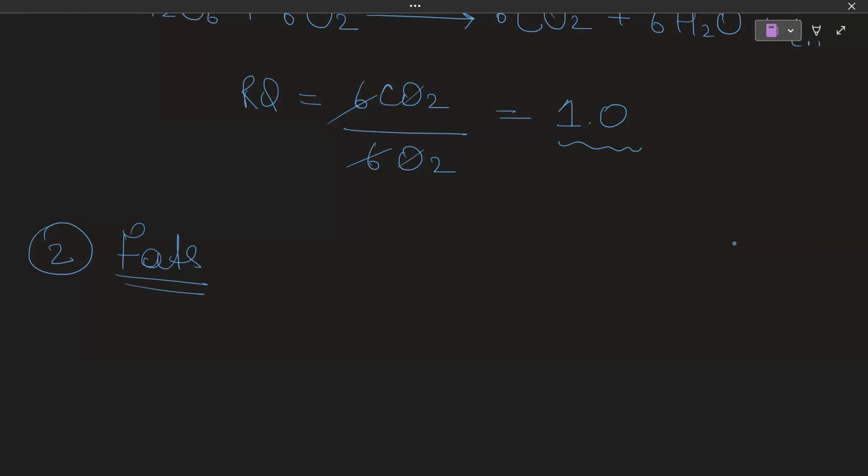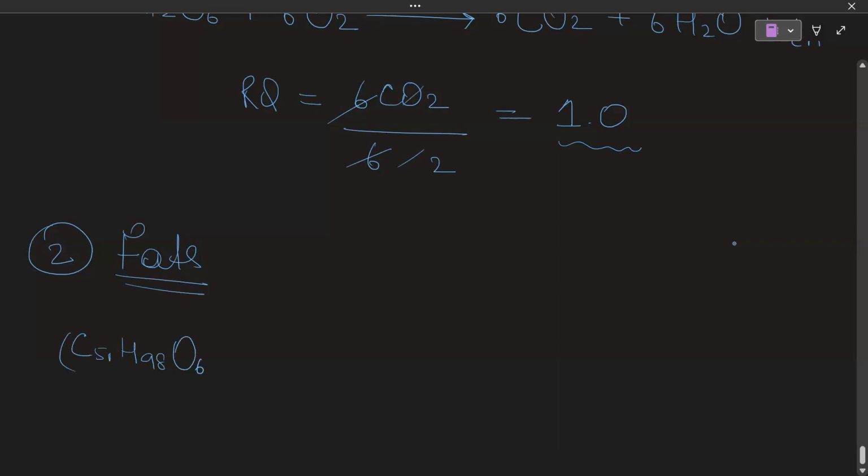All right. Now, when we are talking about the fats, so tripalmitin. This tripalmitin is one kind of fatty acid. Now, this you don't have to remember. The reaction is not necessary to remember.